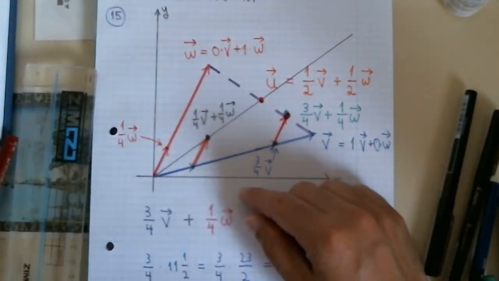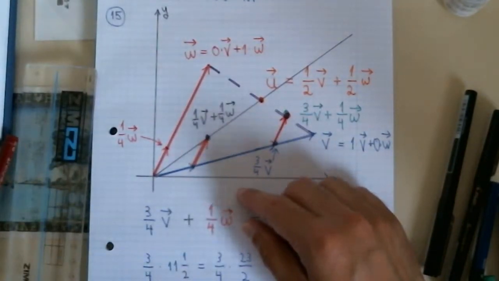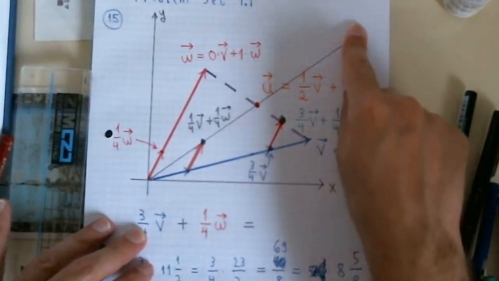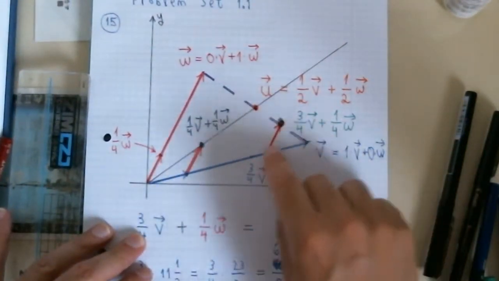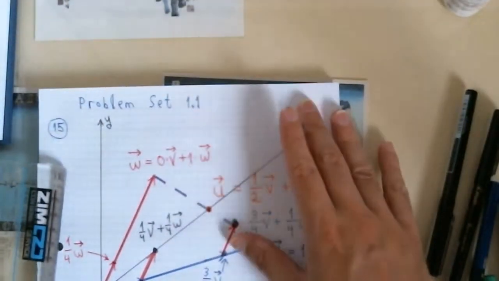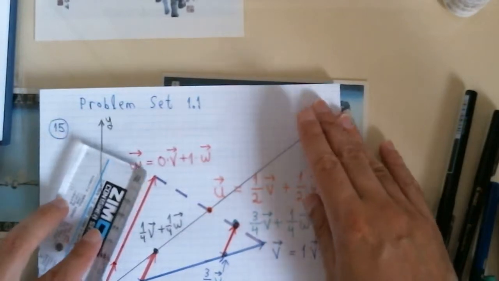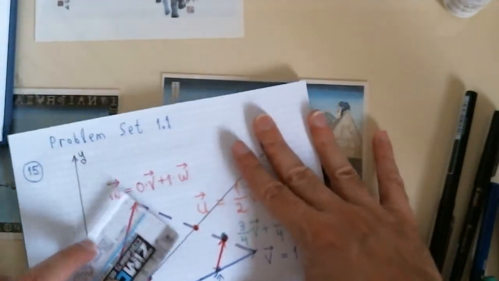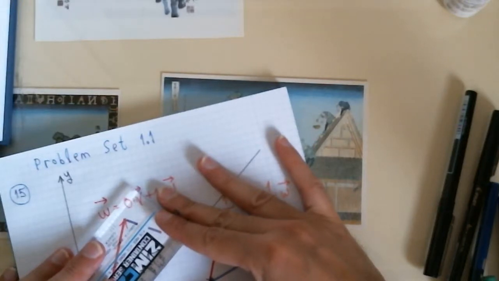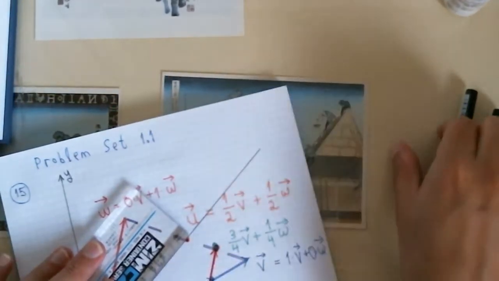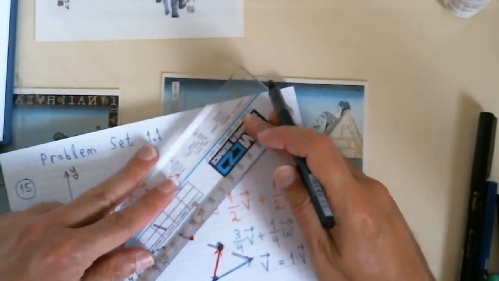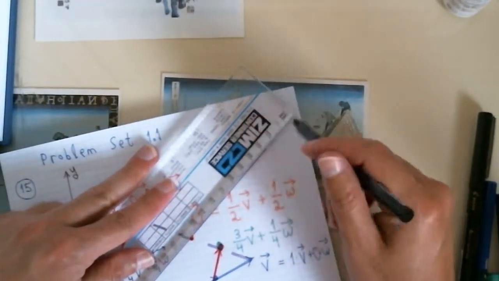So what else? V plus W. V plus W is the whole parallelogram. Let's make V plus W. If we had 9 centimeters here, let's make it just continuing the line here so it would be easy for me.